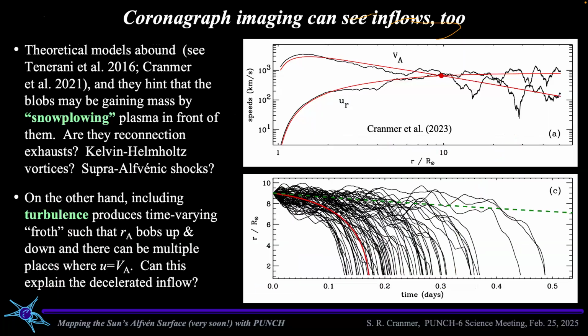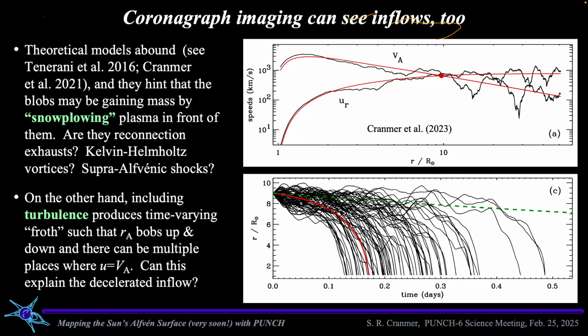So there have been theoretical models abound, and there have been several ideas of what's causing this. There were a few papers by Anna Tenerani and our effort trying to model these things as blobs that are plowing through the corona, snow plowing, essentially gaining mass and slowing down due to that effect. That might be one explanation. The other explanation, shown in these 1D randomized plots on the right, is essentially that the presence of MHD turbulence might actually produce this slowing down effect.